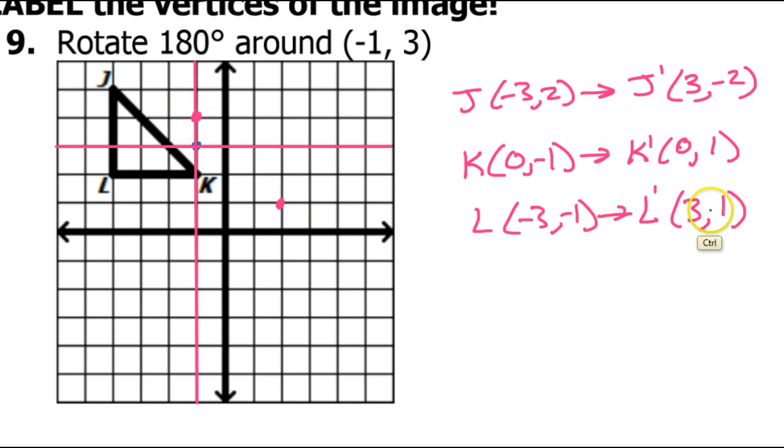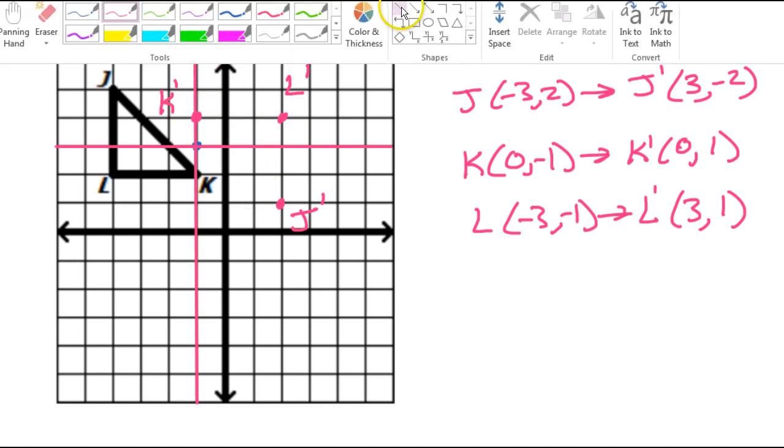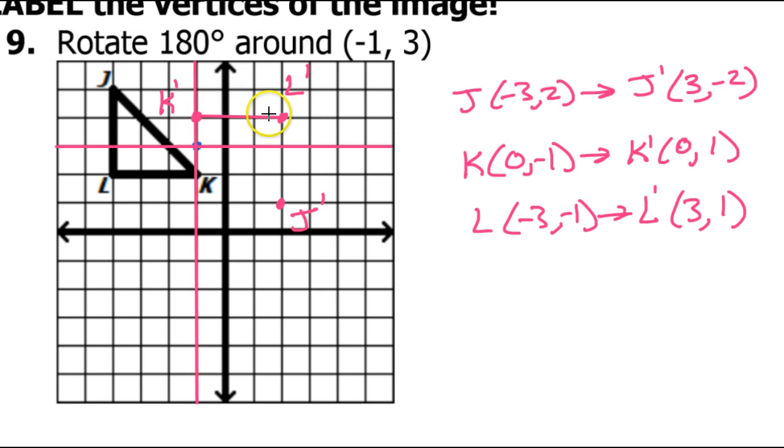And then 3, 1 would be right here. So this was J prime, and this was K prime, and this was L prime. And now I'm just going to connect those dots. And that's it.